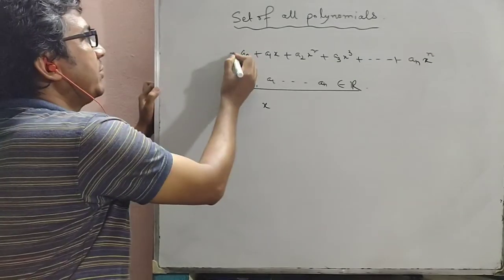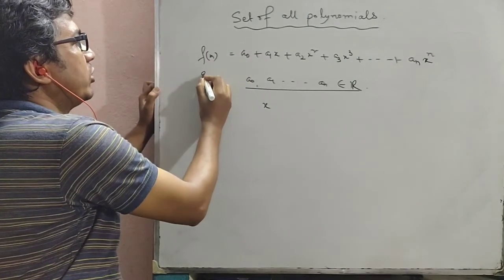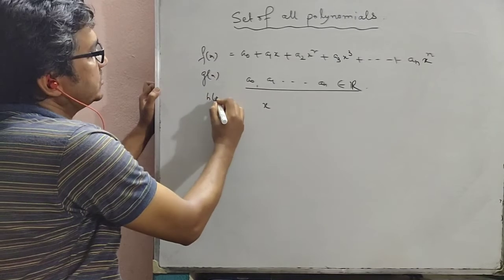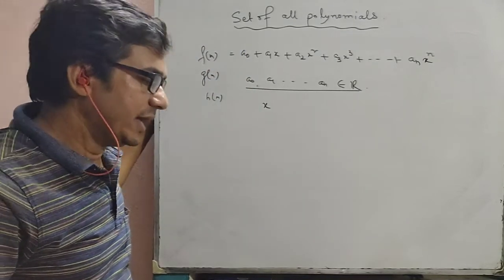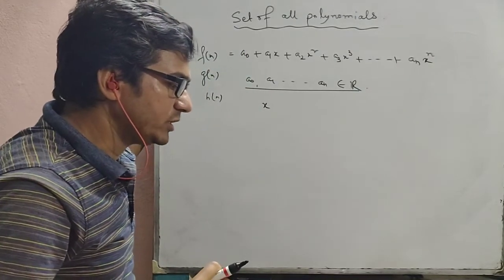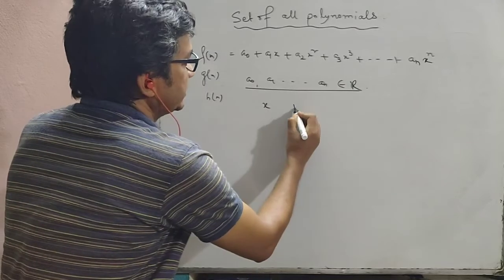This polynomial can be denoted by f(x) or g(x) or h(x) or otherwise, and this x is called the indeterminate.